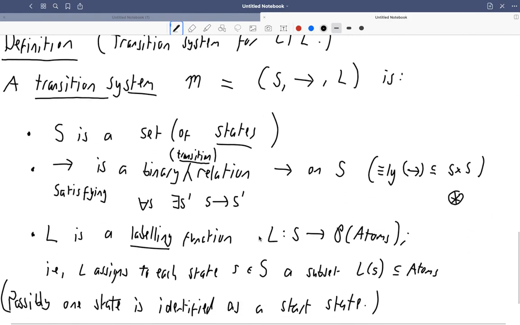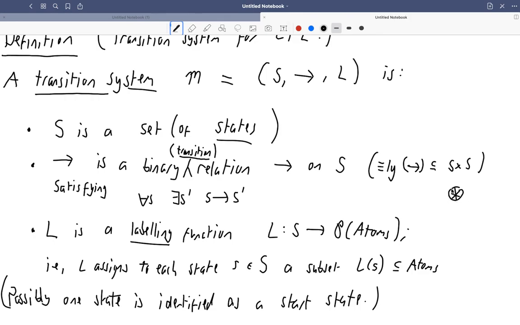Of course, you might think, well, it would be easier not to have property star and just model deadlock in the natural way, and you would have a very good point if you think that. But that's a perfectly reasonable way to do things. The reason we don't do that is that if we don't have property star, then that complicates the way in which we interpret the linear time temporal logic LTL over transition systems.